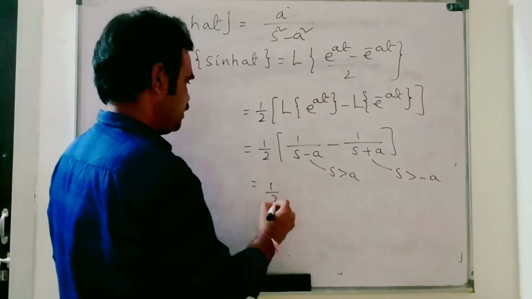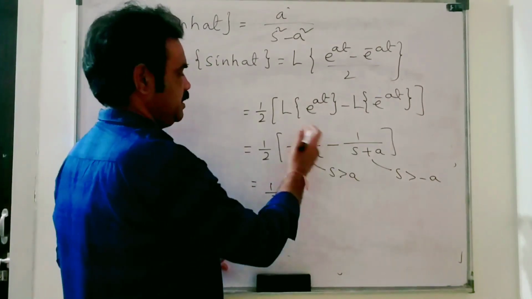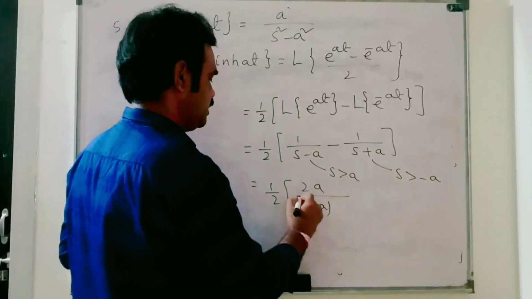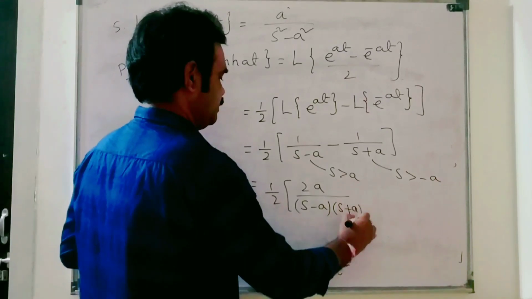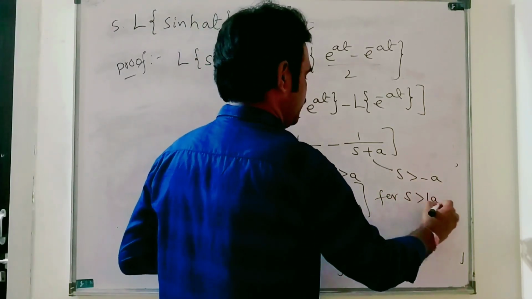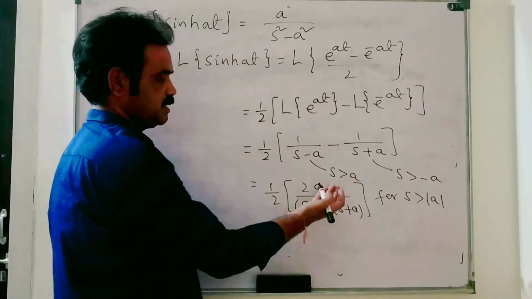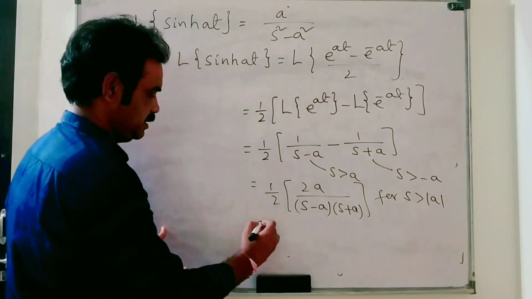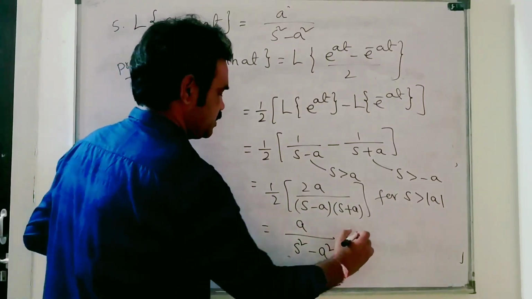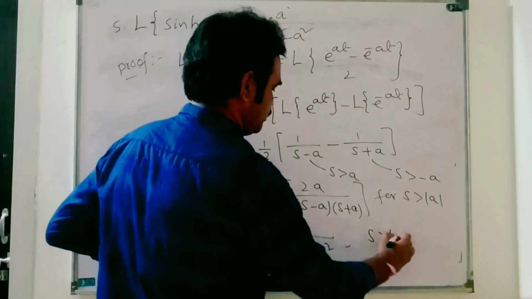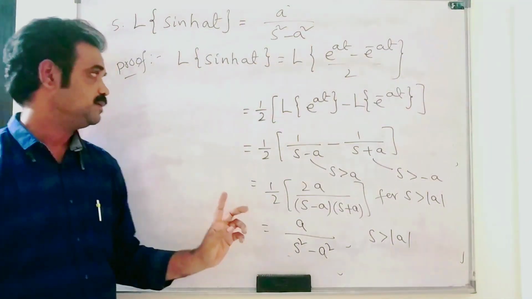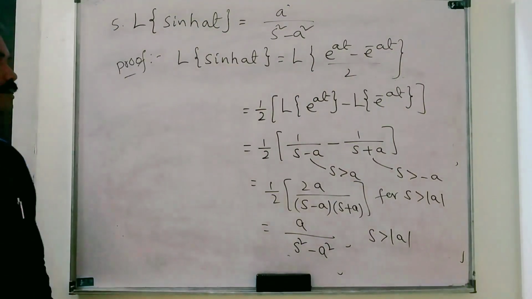That equals 1 by 2 into, s minus s cancel, 2a by s minus a into s plus a, for s greater than mod a. Since both s greater than a and s greater than minus a, that equals a by s square minus a square for s greater than mod a.